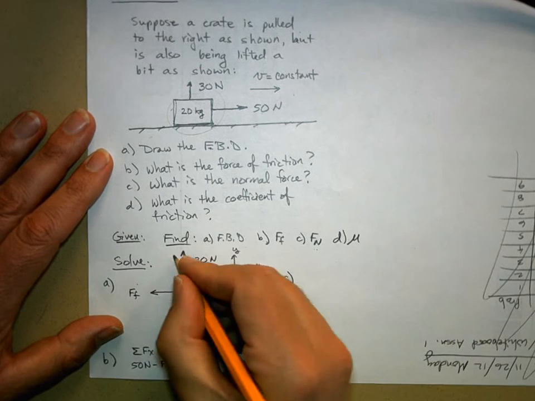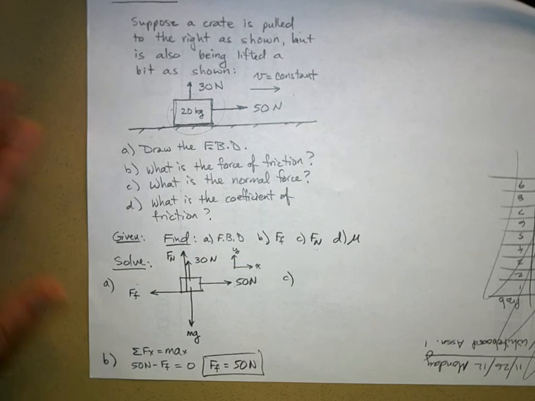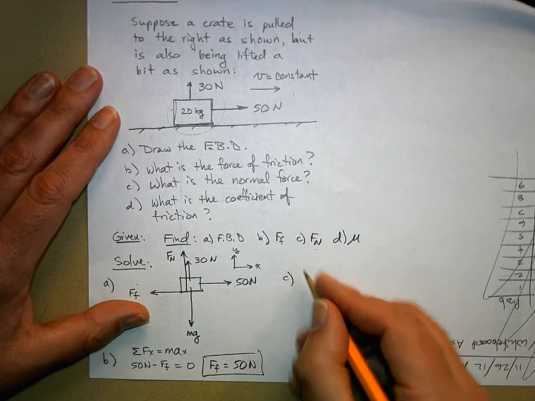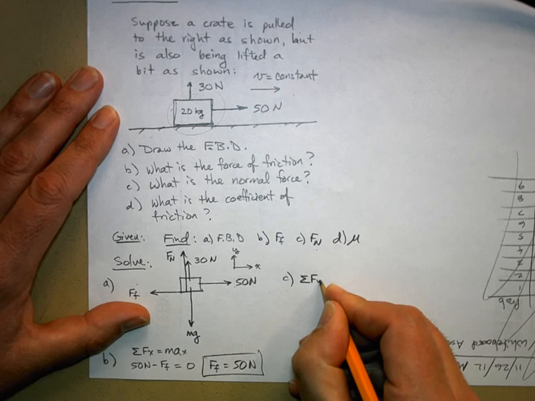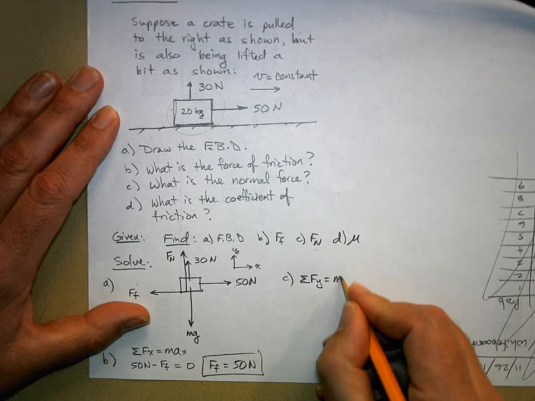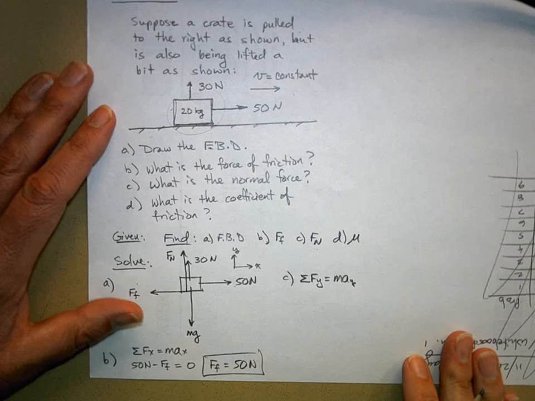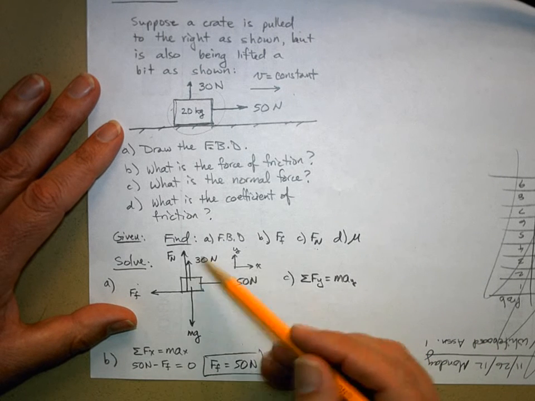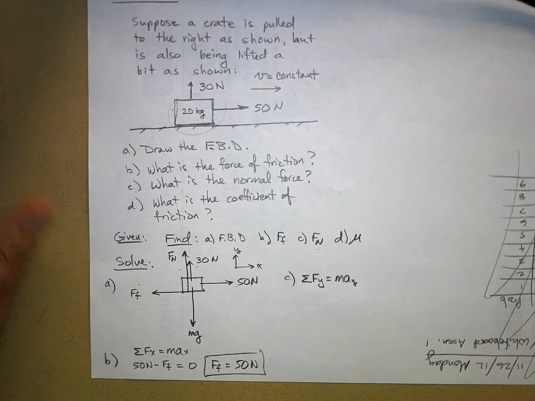Okay, we got this normal force, and so if I sum the forces in the y direction, that's going to be equal to ma in the y direction. But see, now I got 1, 2, 3 forces in the y direction, so I have to include them all.